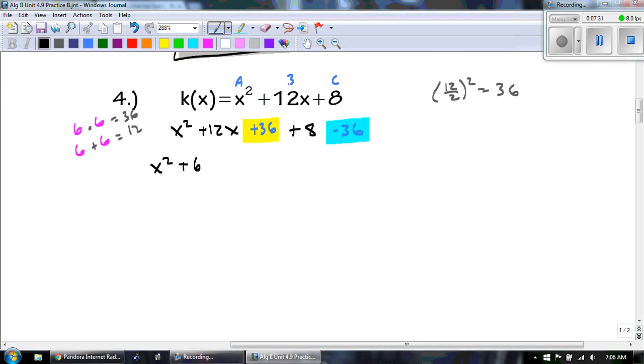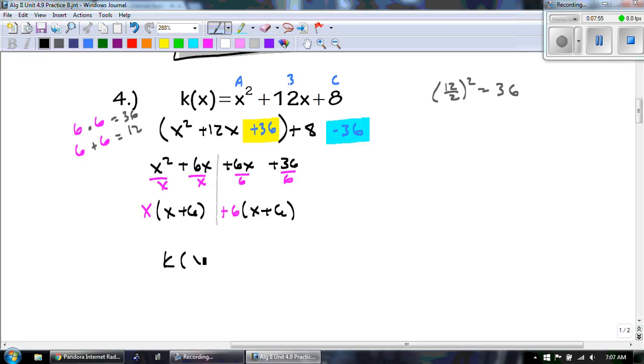So x squared plus 6x plus 6x plus 36. We're just doing this part right here. Factor out the x and factor out the 6. So we have an x and a plus 6. And they match.